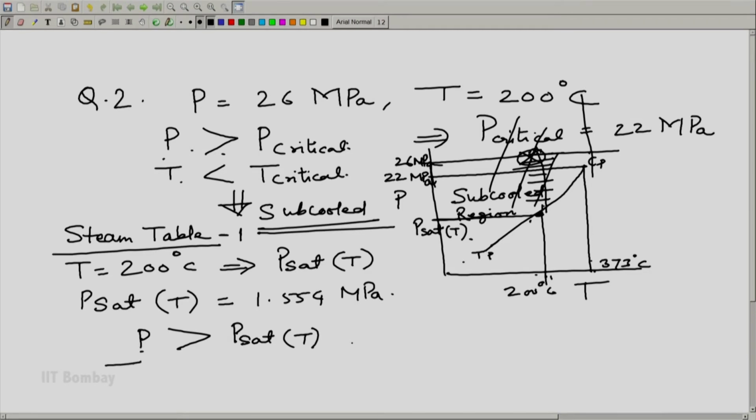Straight away the answer now comes that we are in the subcooled or compressed liquid zone.